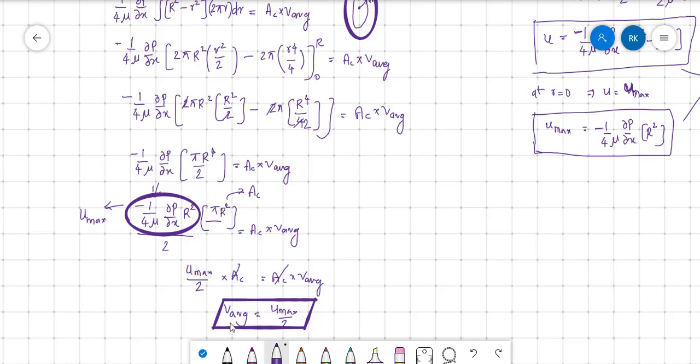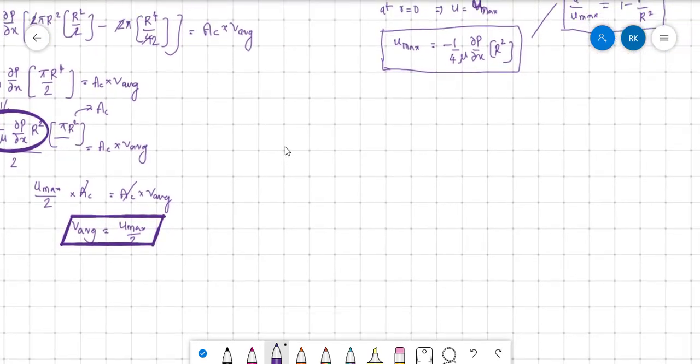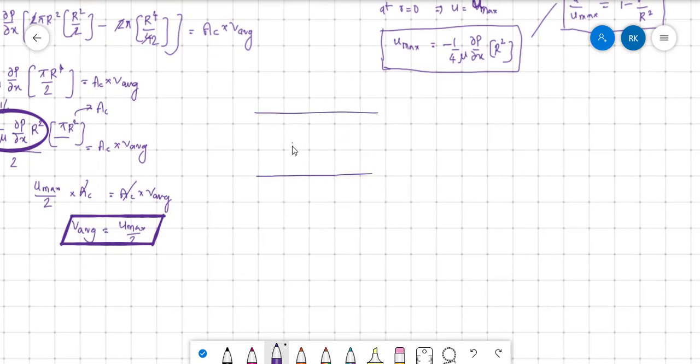And now let us see the pressure difference or head loss. There is pressure P1 and pressure P2 at this point. So the pressure is changing along the x direction.